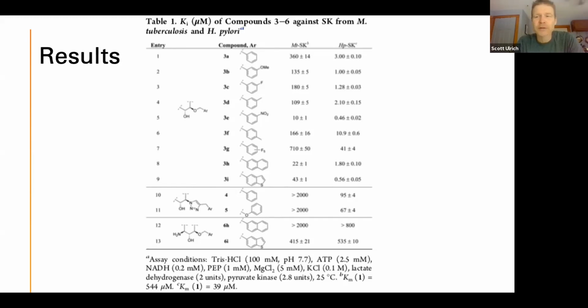So I'm a little surprised that they didn't make a set of even just the paranitro compound, right? Or whatever, just to see, you know, or you could have other electron withdrawing groups there to see if that makes a big difference.